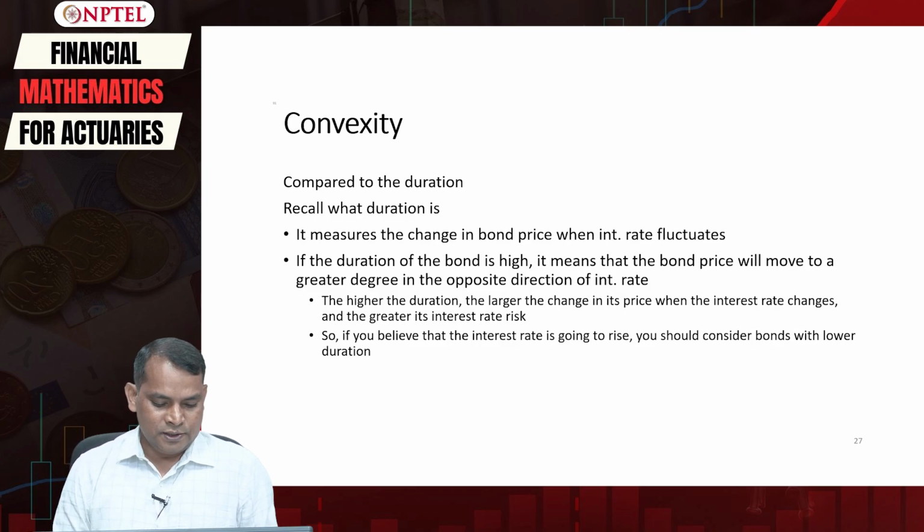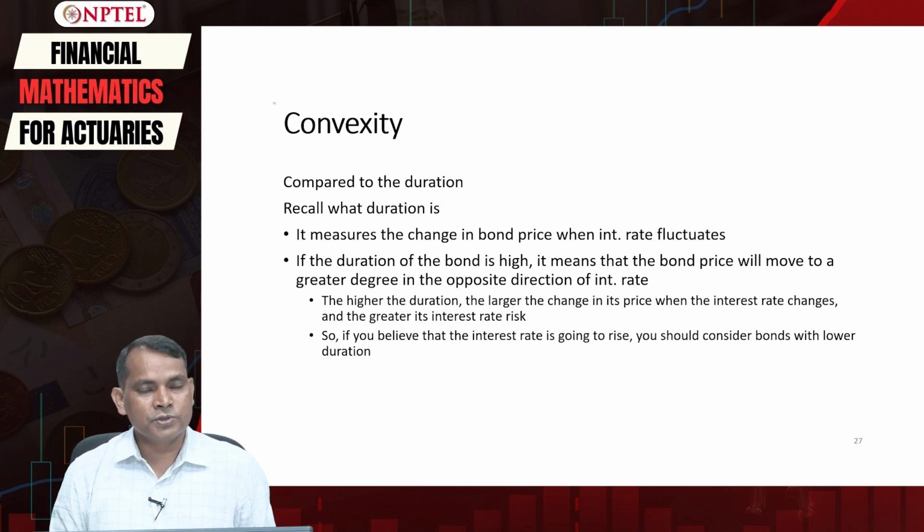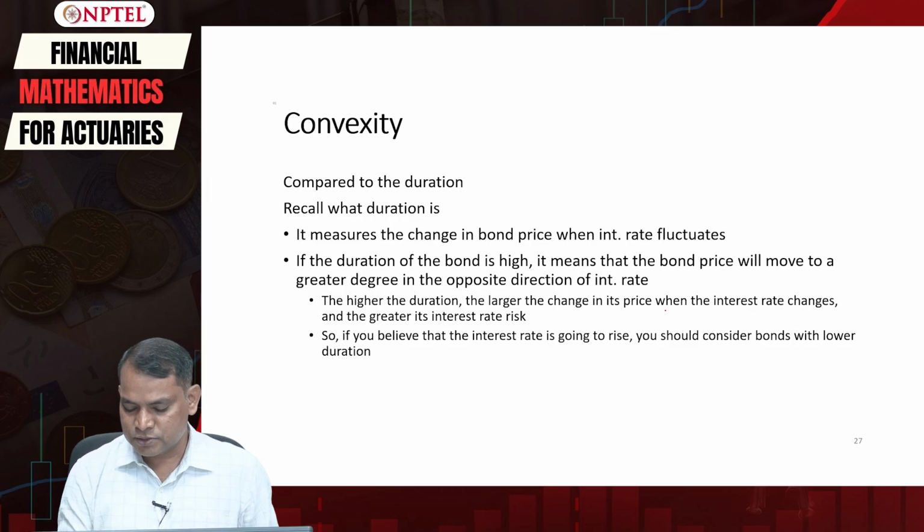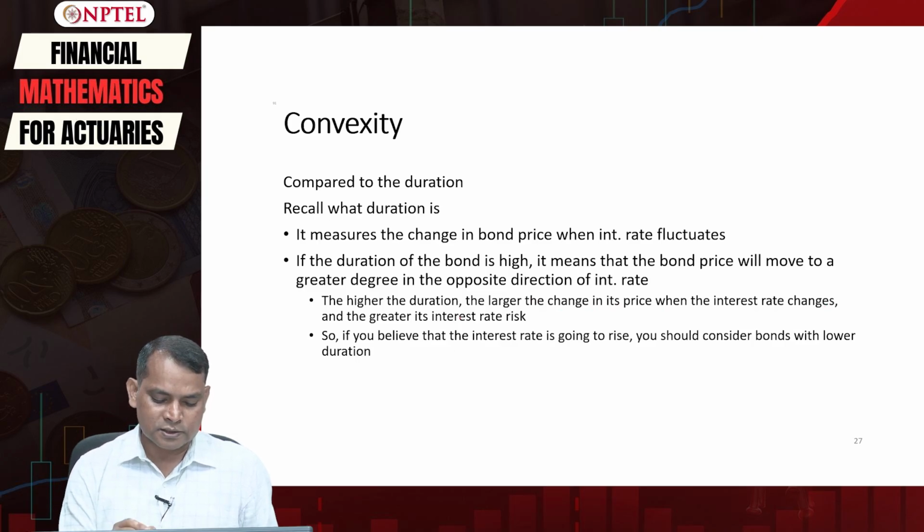Whenever you compute that the duration is high, it implies that the bond price will move to a greater degree in the opposite direction of the interest rate. So the higher the duration, the larger the change in its price when the interest rate changes, and the greater its interest rate risk.